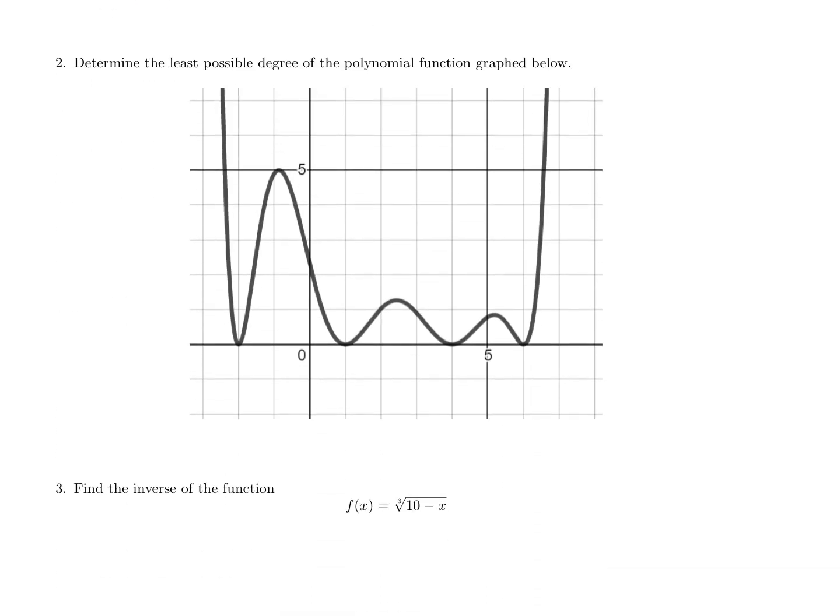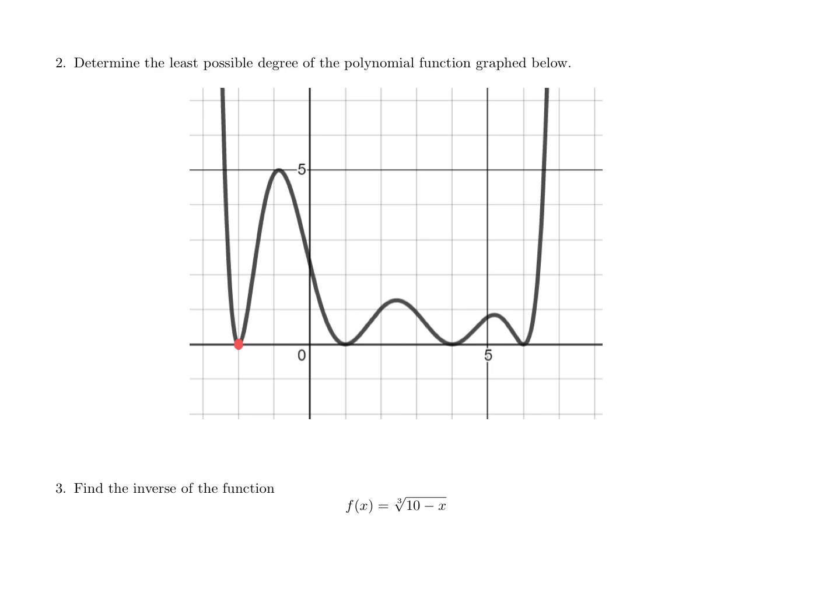All right, number 2, determine the least possible degree of the polynomial function graphed below. So really what you're looking at here is you want to count the hills and the valleys, so all the turning points. And if you count the turning points, you add 1 to that number, that gives you the least possible degree. So the turning points, it's like the relative minimum and maximums.